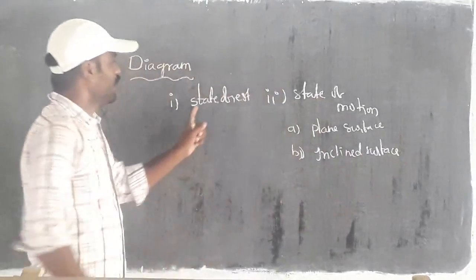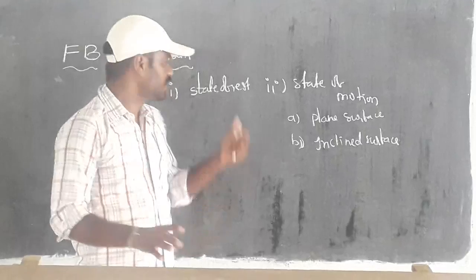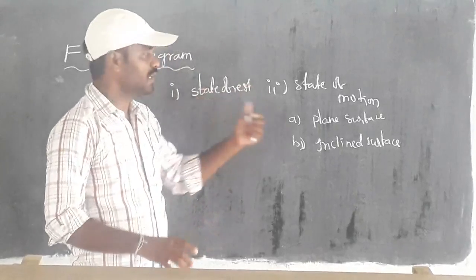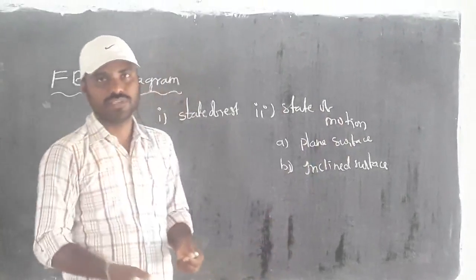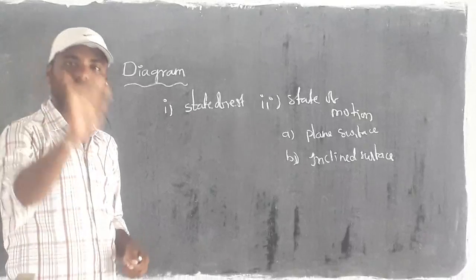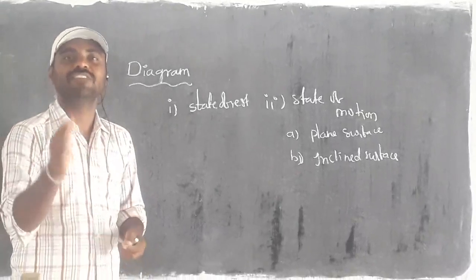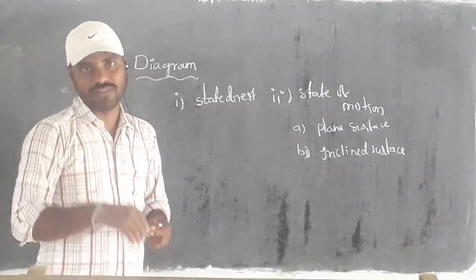So we have three types in total. Here state of rest, here state of motion, and again state of motion is subclassified into two types. In all these conditions we can see what forces are present on the object if it is on the floor or any particular surface.